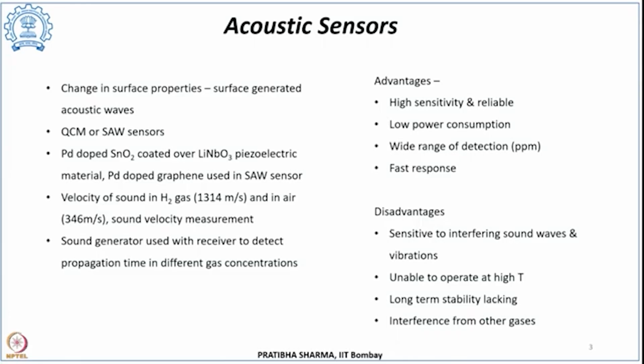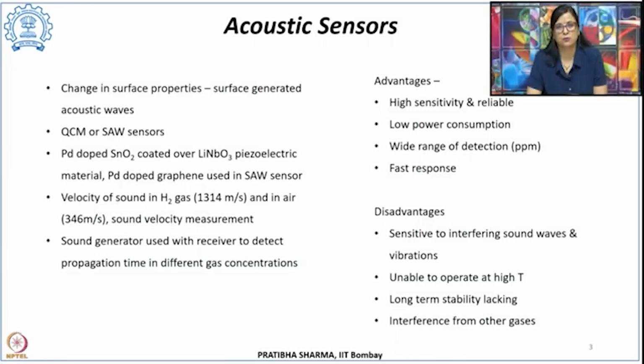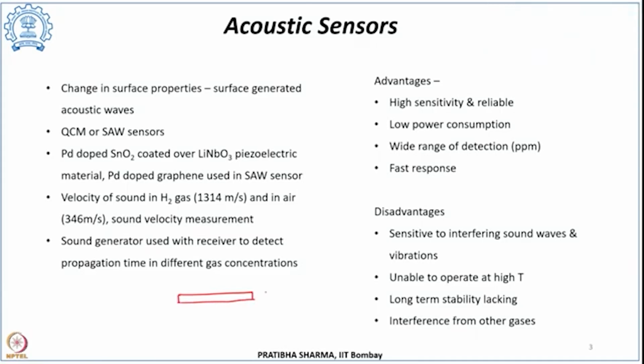Now there are different devices that can be used for detecting the surface acoustic wave, and the simplest one is the quartz crystal microbalance. In the quartz crystal microbalance, there is a small thin disc of quartz, and on both sides the electrodes are printed.